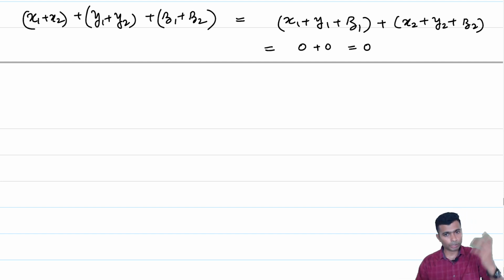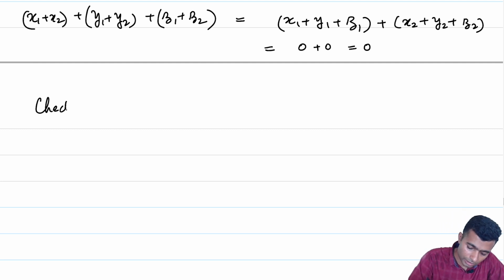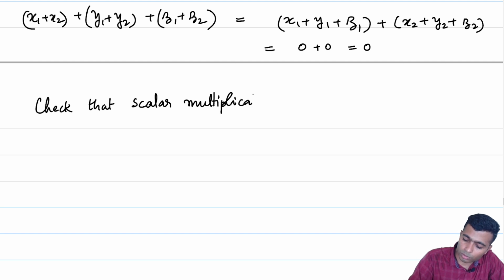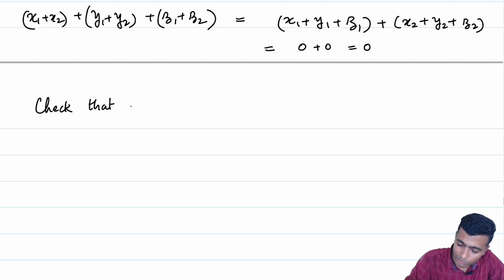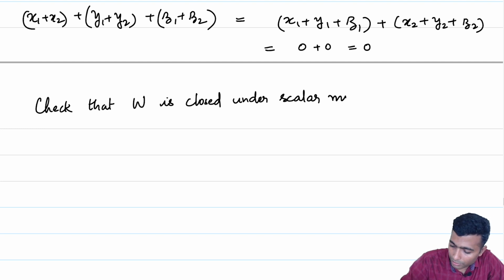It is quite similar to show that scalar multiplication is also closed. Check that scalar multiplication is also closed. W is closed under scalar multiplication. So, it is important to write it down precisely.